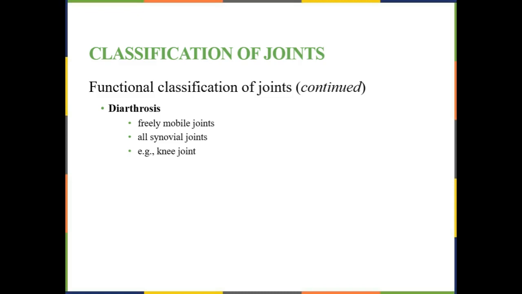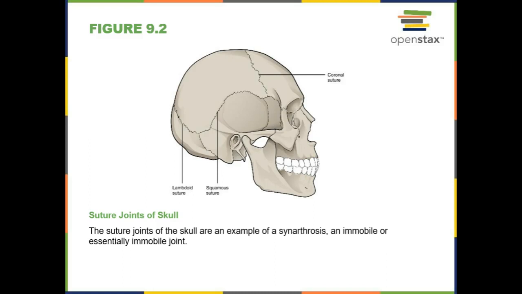Diarthroses are freely movable joints, and these are all of our synovial joints. Only synovial joints are freely movable, and all synovial joints are diarthroses. The example here is the knee joint, or the femorotibial joint or tibiofemoral joint, however you want to say it.